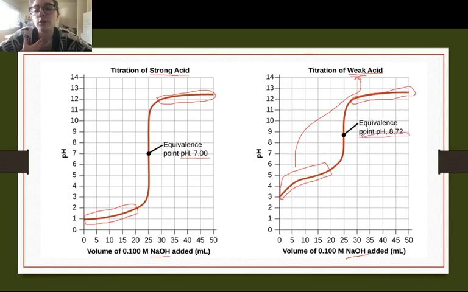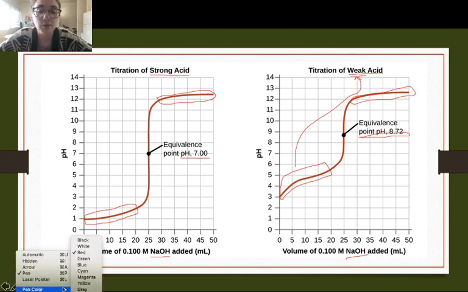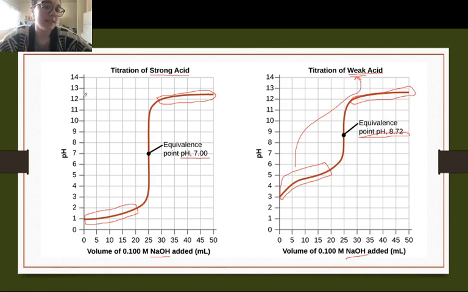That's also why our equivalence point is now past 7: the strong base has taken over and made it so that we have more of a basic range when we find our pH, because the strong base is beating the weak acid in a sense and making that equivalence point happen at 8.